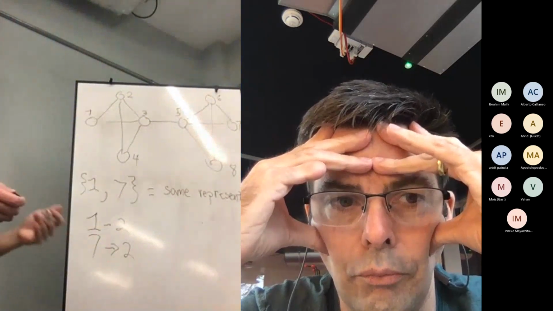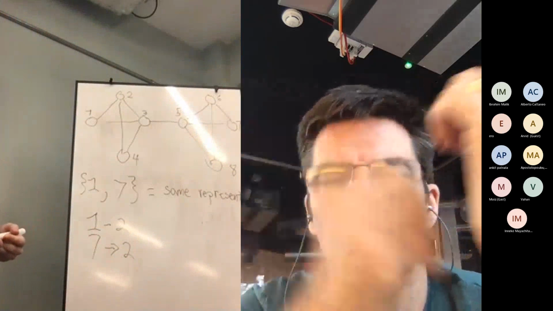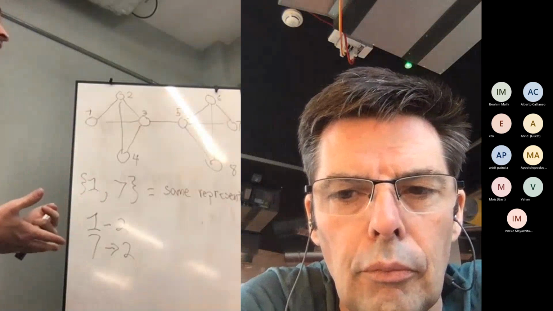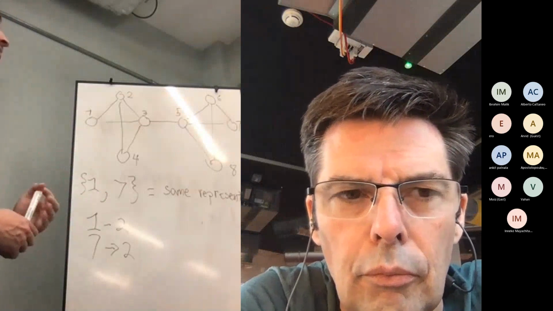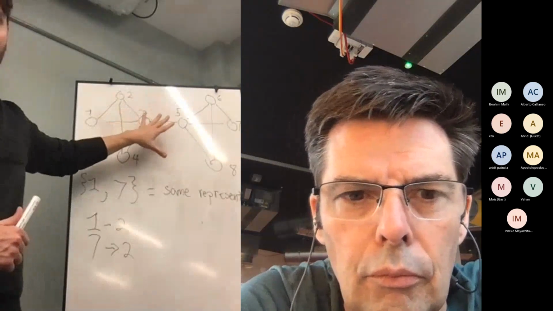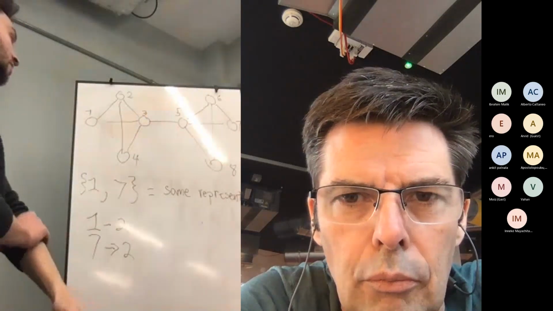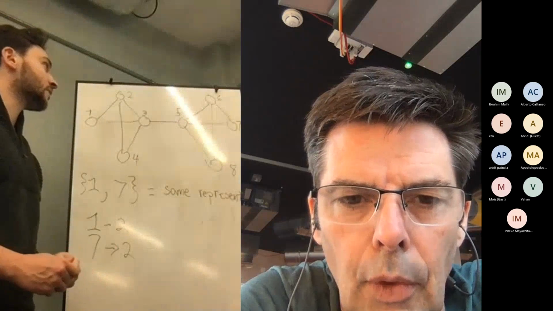So you need to have some way of distinguishing those nodes in order to be able to calculate links, to be able to have a model that could predict the links for this graph.